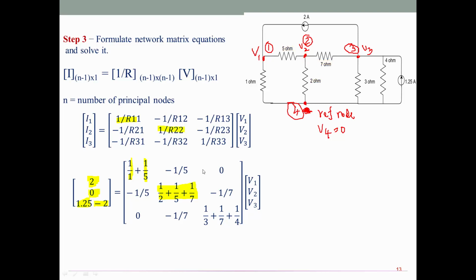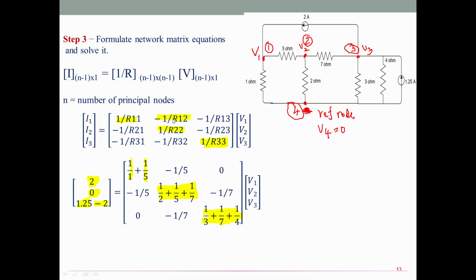Then moving to node number 3 to fill the final diagonal element, there are 3 resistances, namely 3 ohm, 4 ohm and 7 ohm, linked with this. Similarly, the inverse of the sum of these is going to be the third diagonal element.